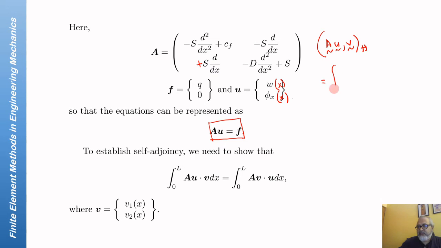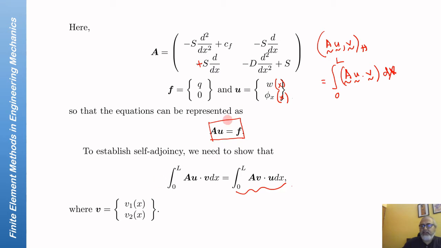I'll now have to calculate AU, dotted with V, dV dx. This has to be equal to this in order for the operator to be self-adjoint. Now here V, I have taken V to be an arbitrary function which resides in the same space as U does.